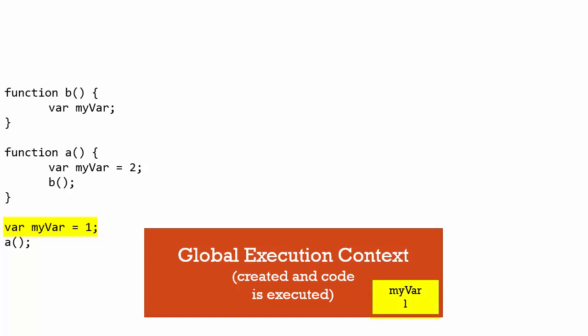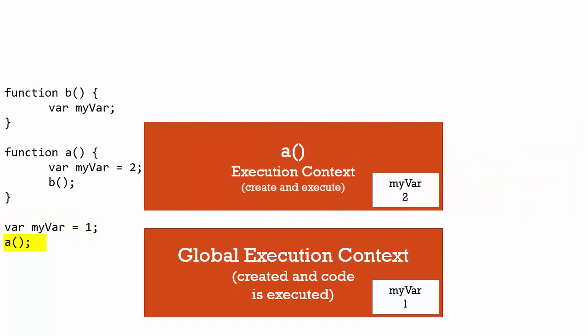And then it hits the invocation of a. And what happens? A new execution context is created for a. And when it's created, that myVar will be put into that execution context's variable environment. See, every execution context has its own variable environment.